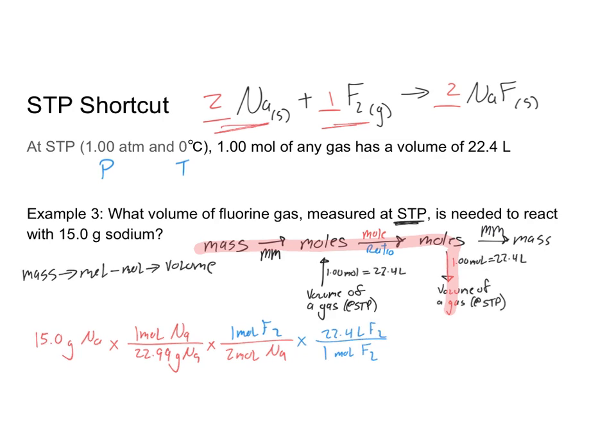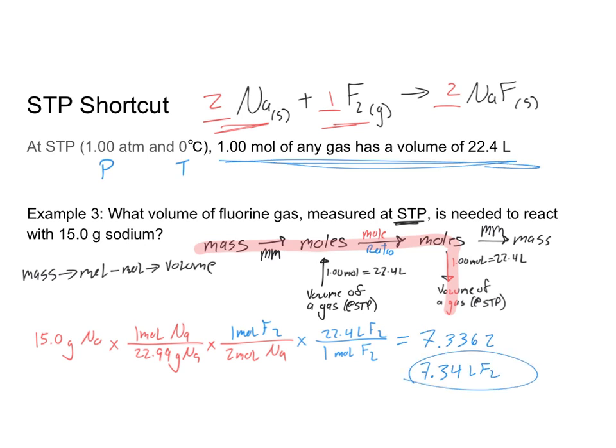So when I plug this into the calculator, I get 15 divided by 22.99 divided by 2 times 22.4, and I get a value of 7.3362 something. To go to sig figs, because this is a relationship, they have an infinite number of sig figs, so I'm going to go back to my 3 sig figs, which is going to be 7.34 liters of F2.